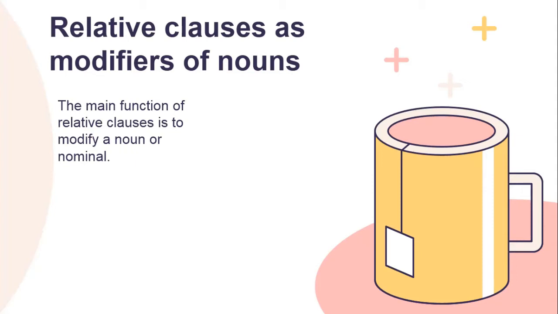We can also say that the function of a relative clause is to give more information about a noun, pronoun, or situation in the main clause by using a relative pronoun. What are relative pronouns? Relative pronouns are, for example, who, which, when, where, and whose.